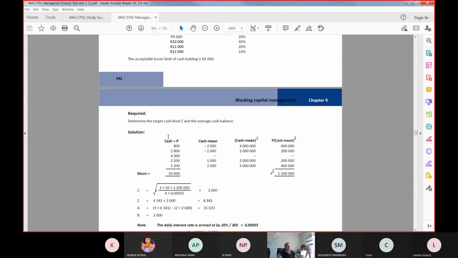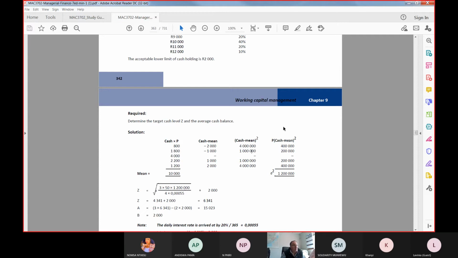We then do the calculation. That's going back to the linear regression analysis. Okay. The cash need is squared: 2,000 squared is 4 million, 1,000 squared is 1 million. That one is 0, then 1 million positive, 4 million.